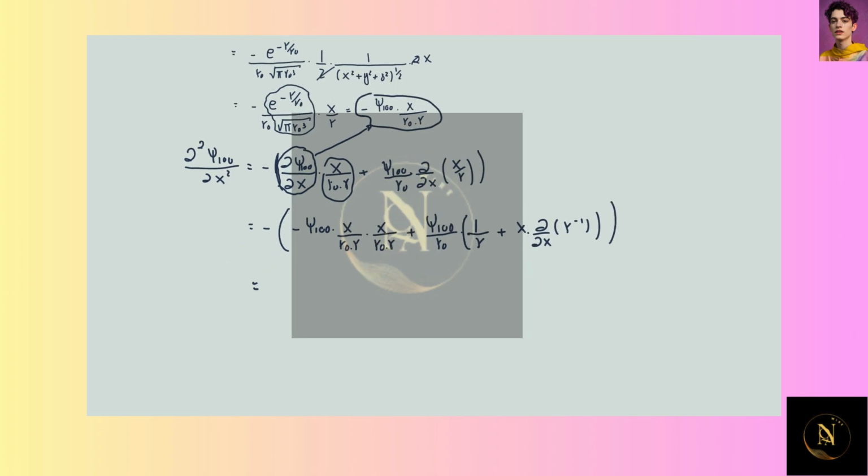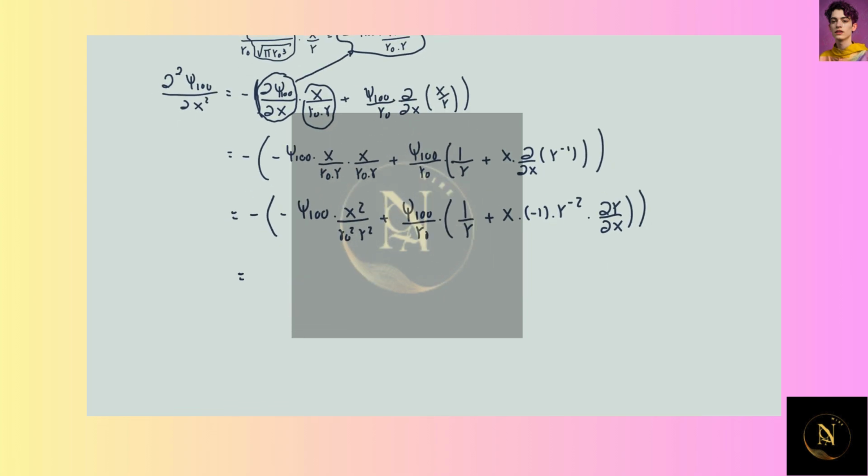And then this is equal to minus psi100 x squared divided by r0 squared r squared, plus psi100 divided by r0 times 1 over r plus x times. So this minus 1 factor drops from the exponent, and we get r to the minus 2. Then we have to multiply by the derivative of the inner factor, which is the derivative of r with respect to x.